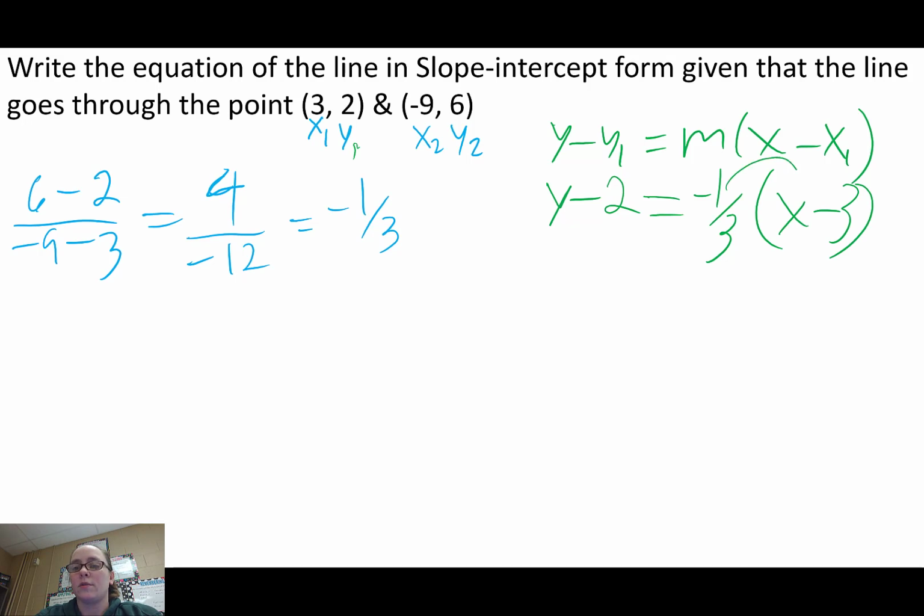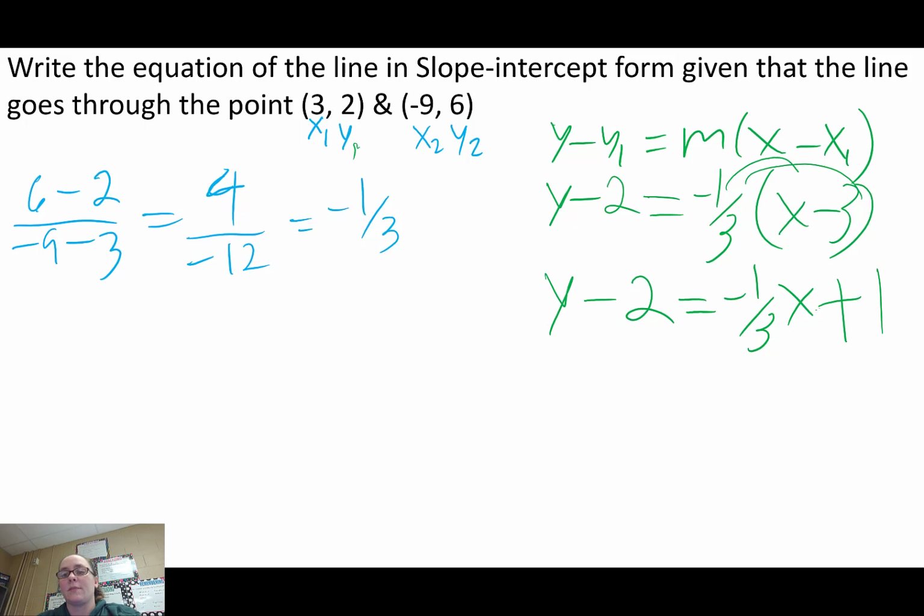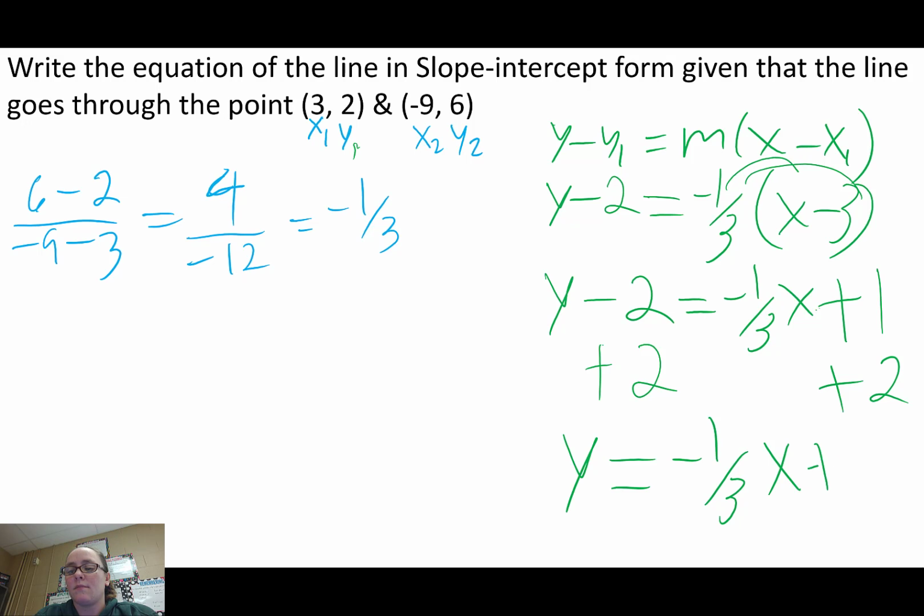Okay, distribute. We get y minus 2 is equal to -1/3 x plus 1. Okay, because -1/3 times -3 is a +1. Add 2 to both sides so we can isolate y, and y is equal to -1/3 x plus 3.